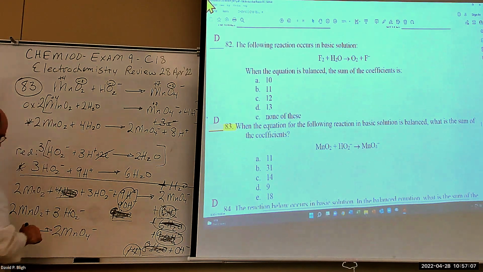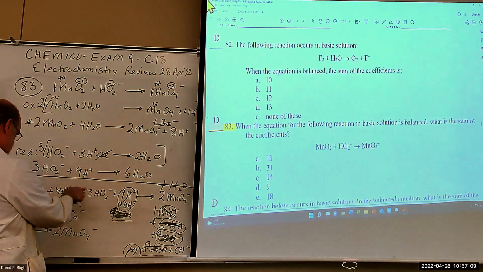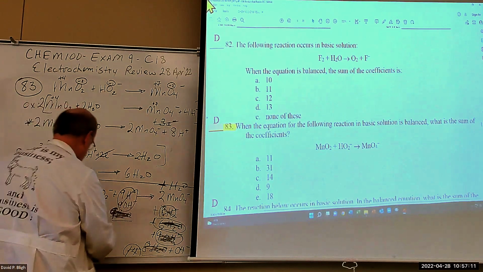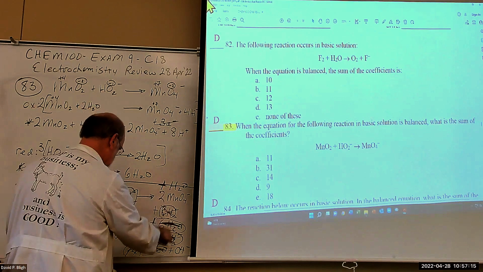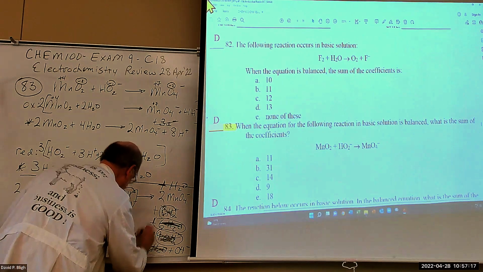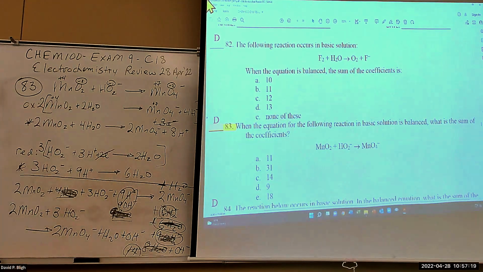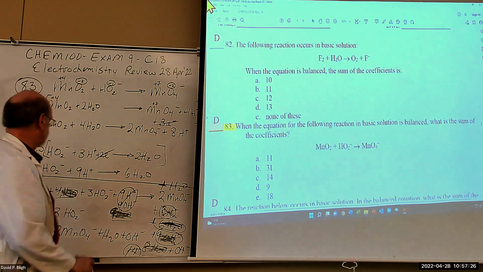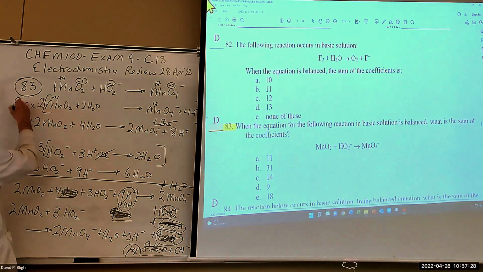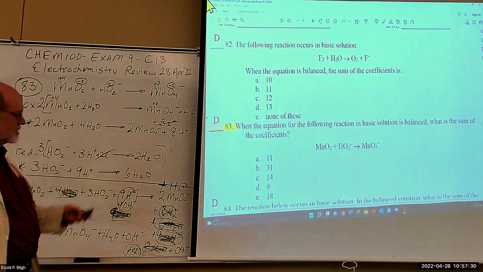HO2 minus yields MnO2 plus a water plus a hydroxide. There we go. Now we add up the coefficients. 2 plus 3 is 5, 6, 7, 8, 9. The answer is 9, which is D.